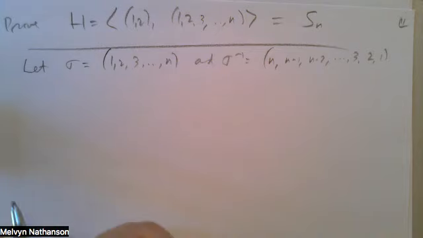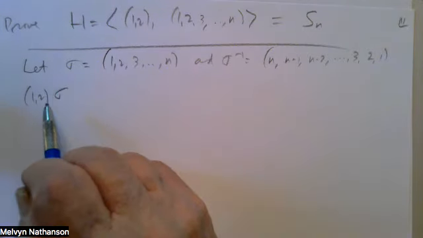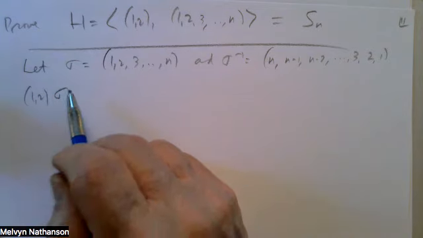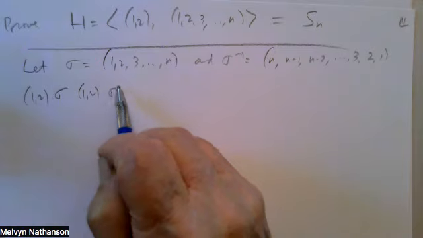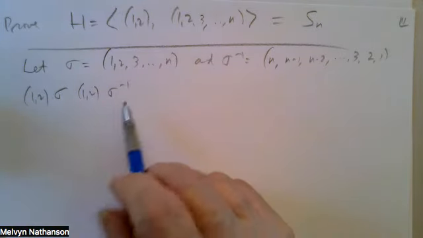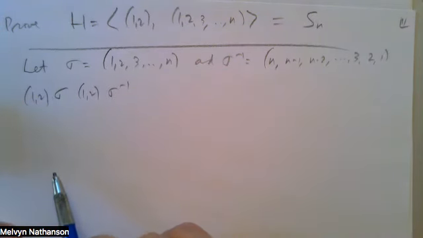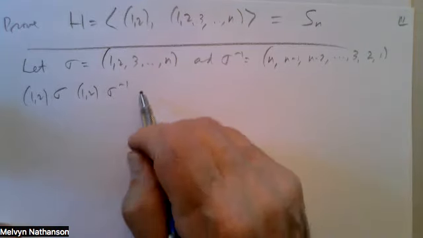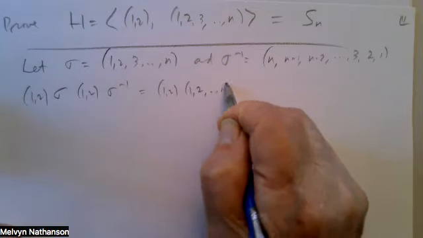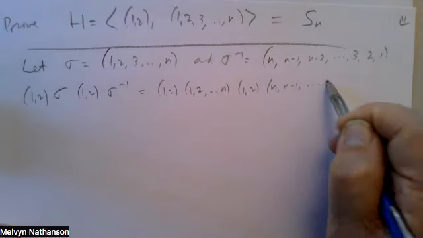So let's compute. If I take sigma times (1 2) times sigma inverse, this is in H. And what is this permutation equal to?